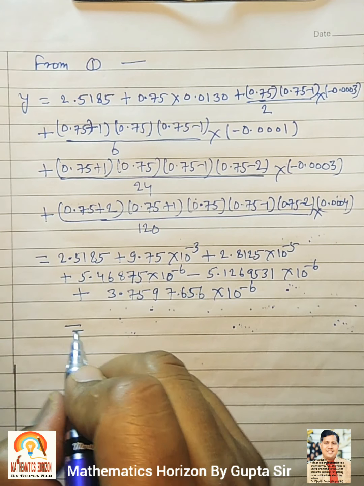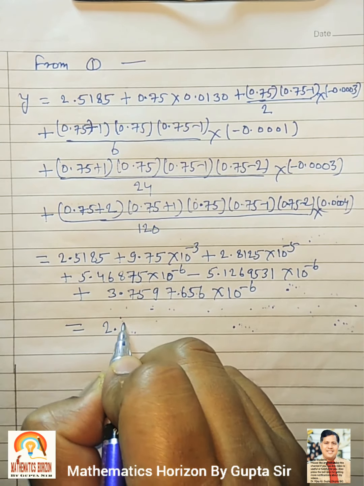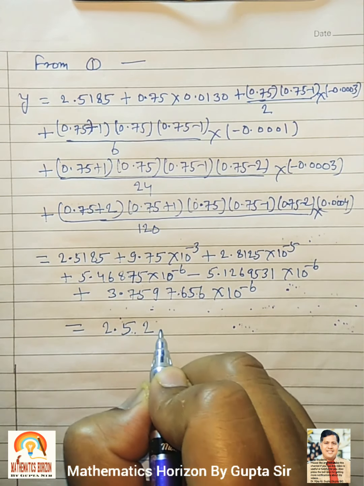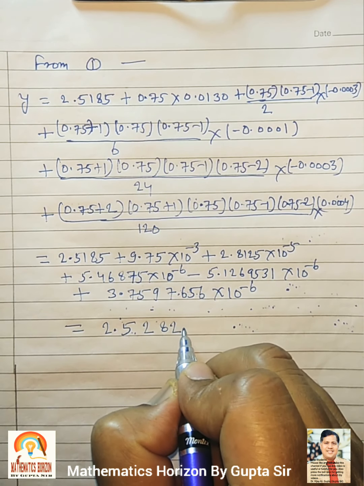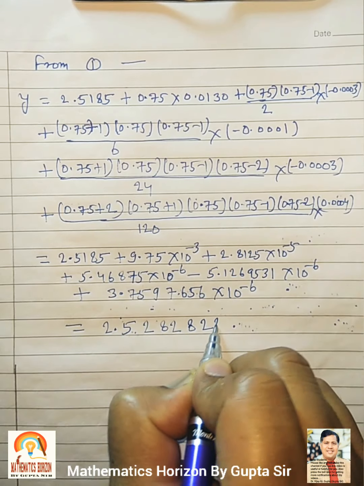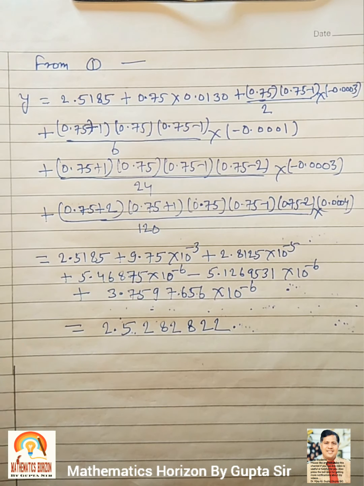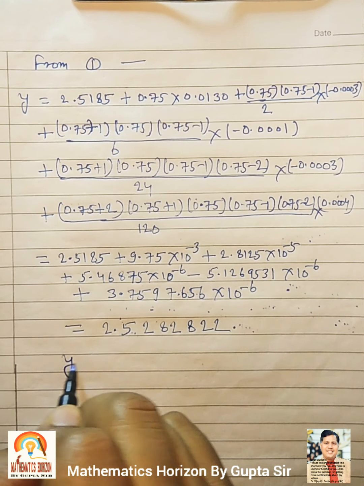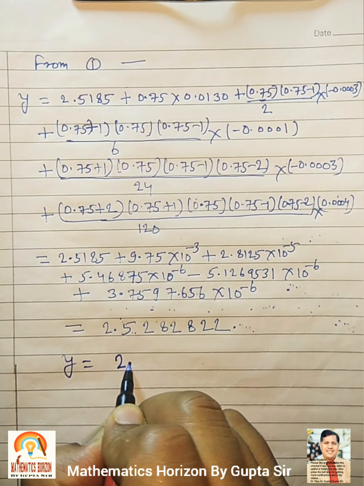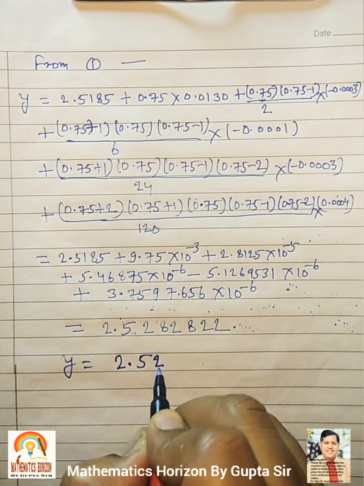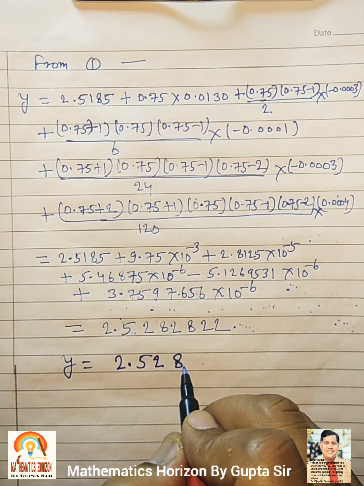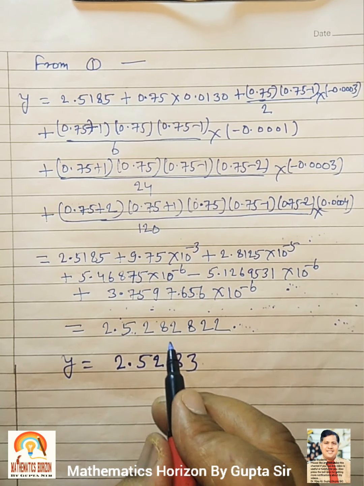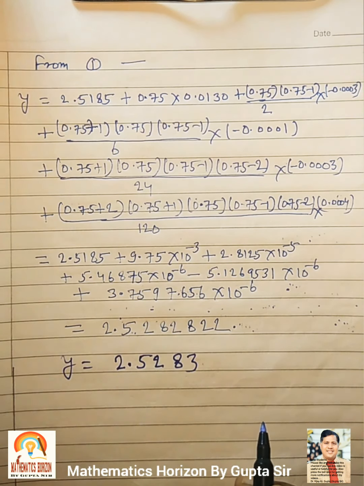On solving all these terms, we get 2.5282822. This is our final answer. That is y equal to 2.5283 when we round this.